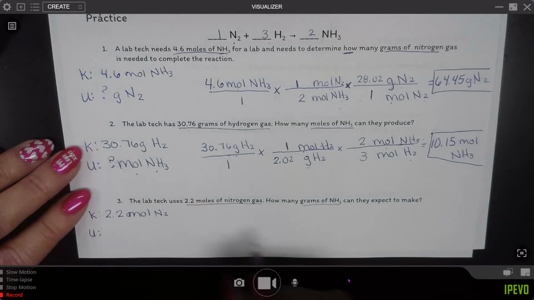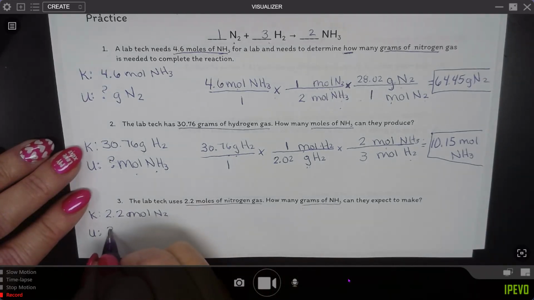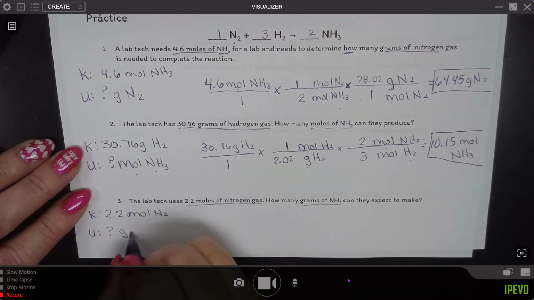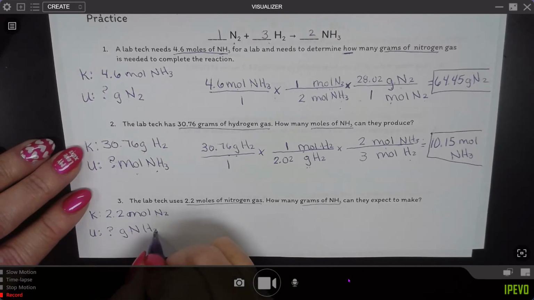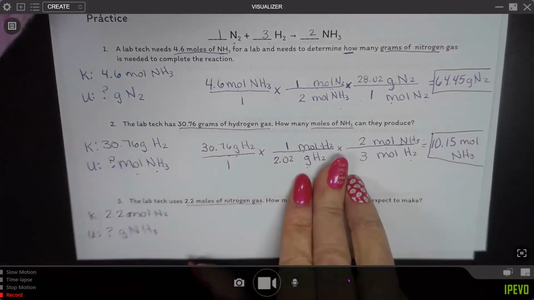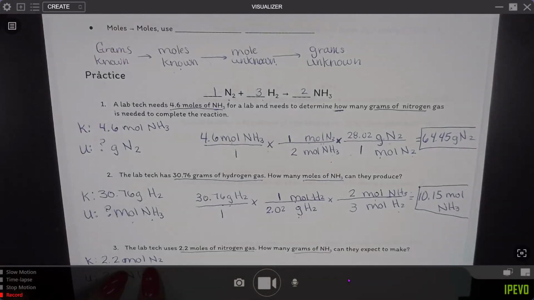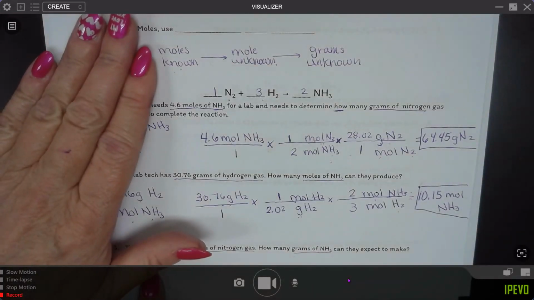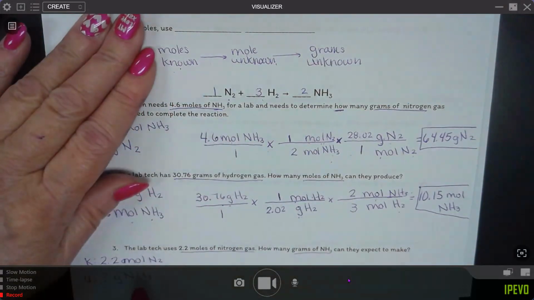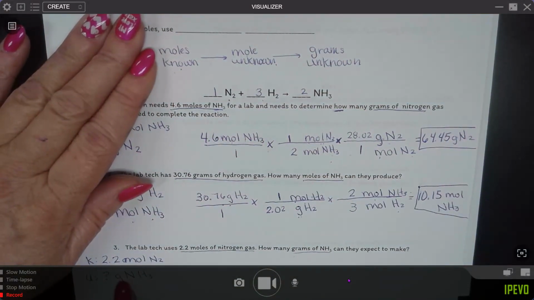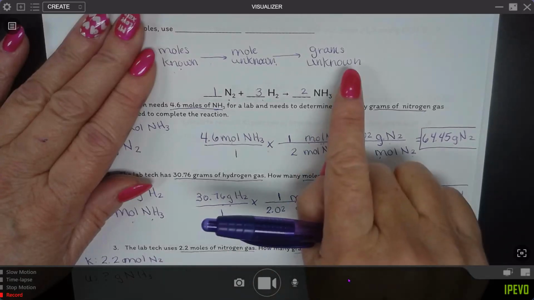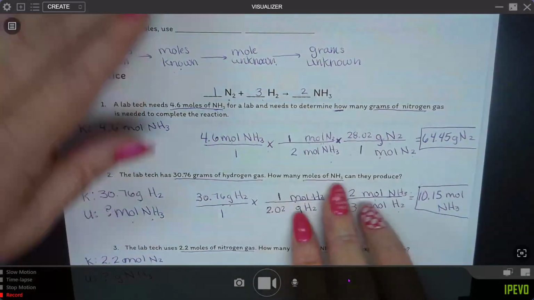Unknown is going to be grams of NH3. Okay, so if I look at my mole map real quick, I'm starting with moles of nitrogen. So I'm going to skip that first step. I'm going to start at moles of known, and then I want to get to grams of NH3. So I'm going to do 1-2 conversions.